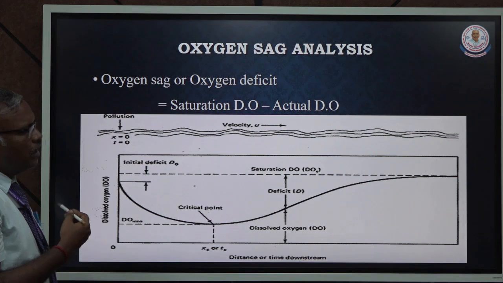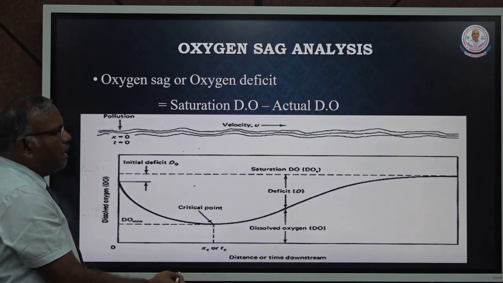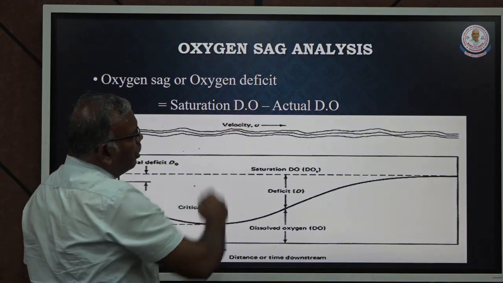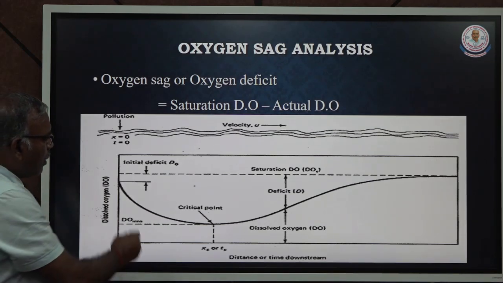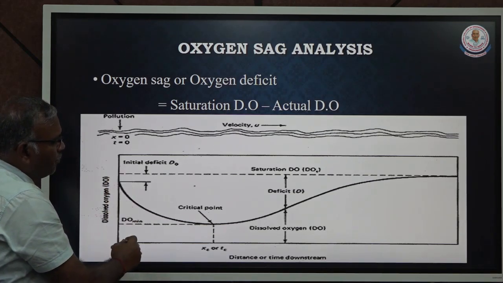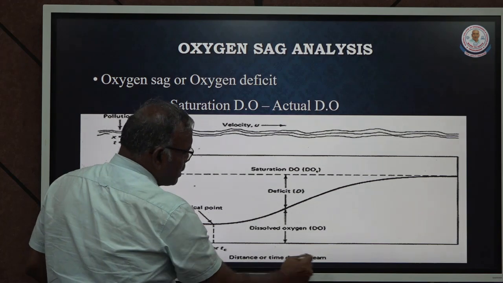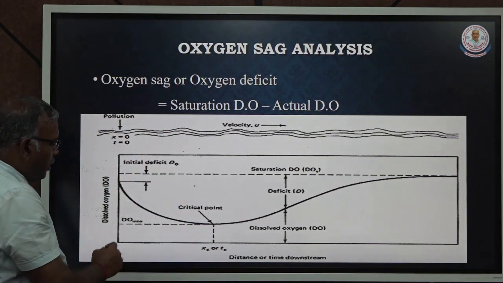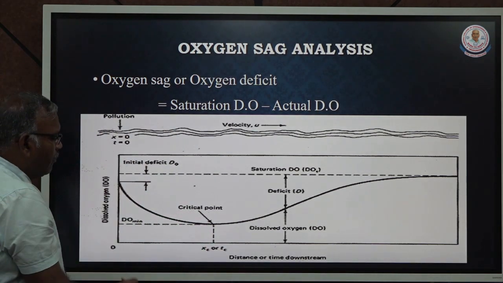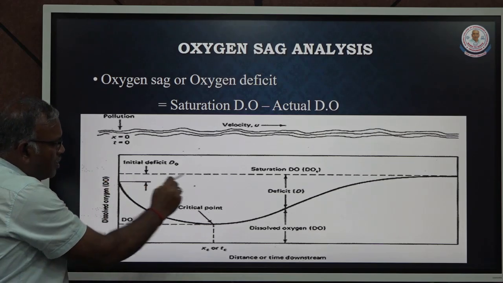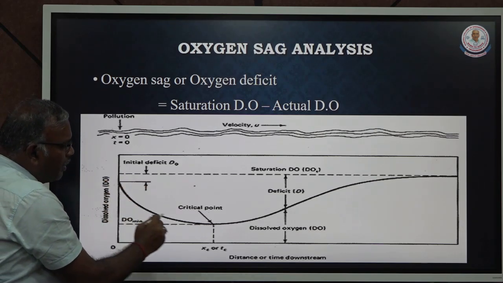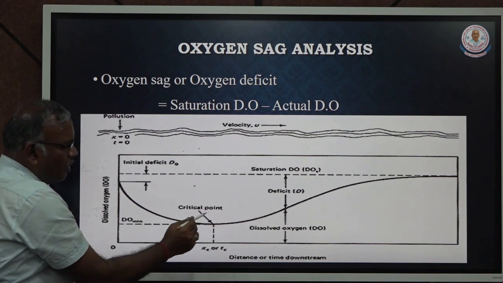Next, based on the deoxygenation and re-aeration process, the oxygen sag analysis is done. That is, this graph is plotted between the distance in a water body and the dissolved oxygen level, where initially the saturated level of oxygen will keep on decreasing to a particular level.